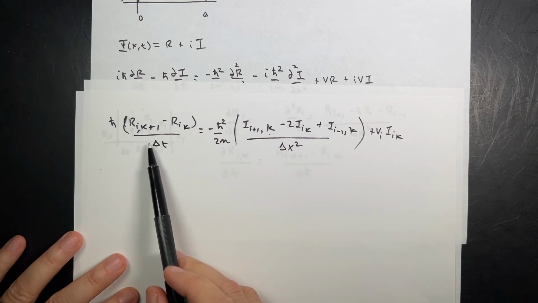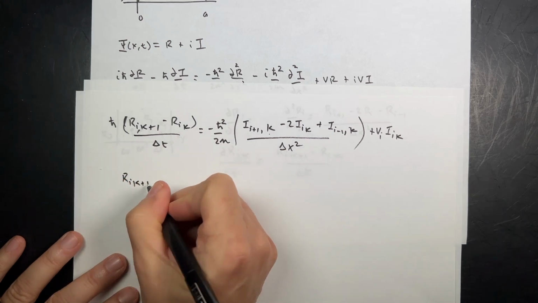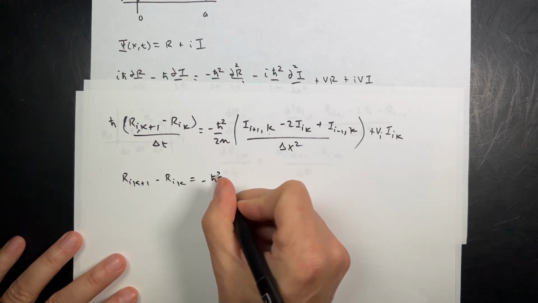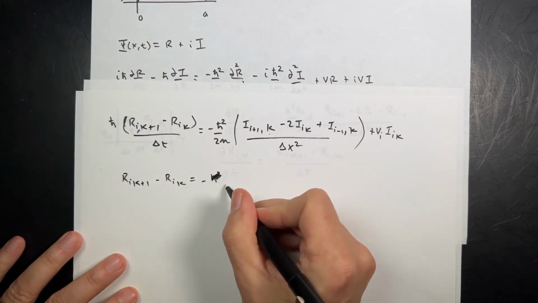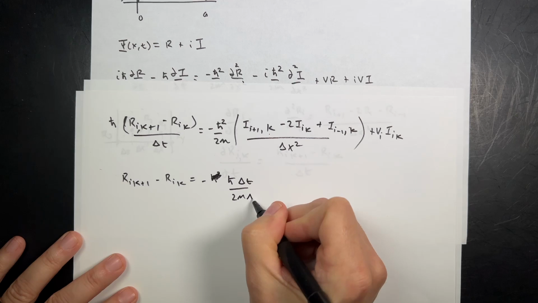Let's multiply by delta t over h bar. I get r_i^(k+1) minus r_i^k equals negative h bar, that h bar cancels right there, one of those. Negative h bar delta t over 2m delta x squared.